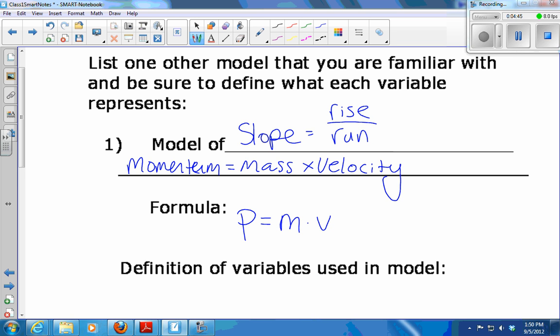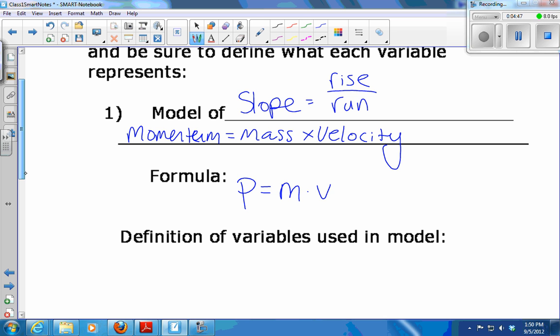I defined the variables up above. Good, so there are tons and tons of mathematical models of different ways that we have variables that are related in real life, like the gas mileage of your car. You divide distance traveled by number of gallons of gas used, and you get miles per gallon. So there's just a ton of them.